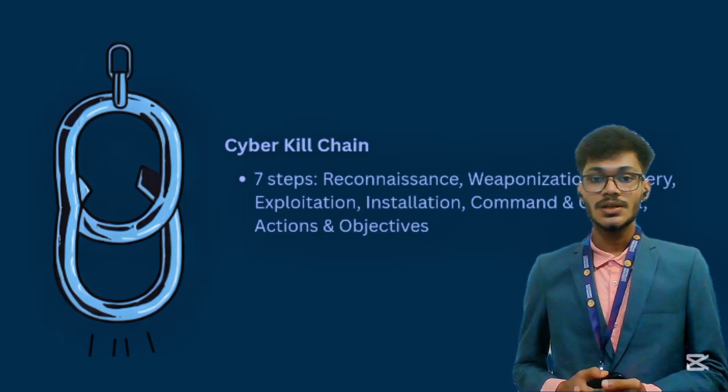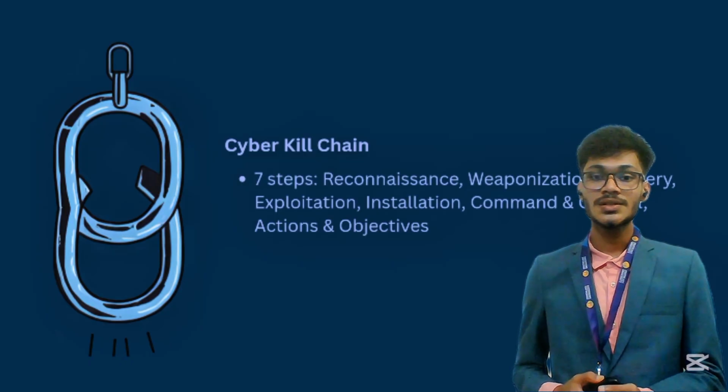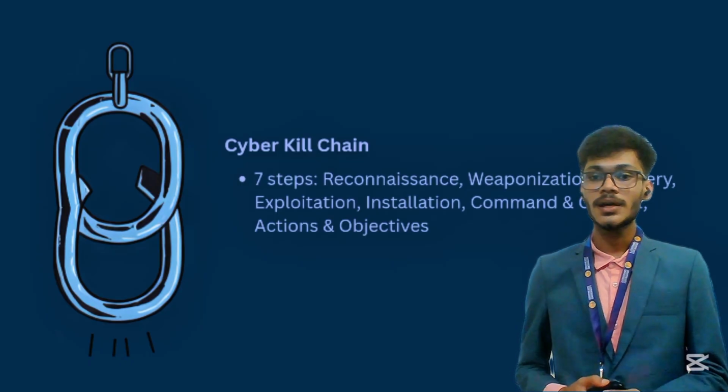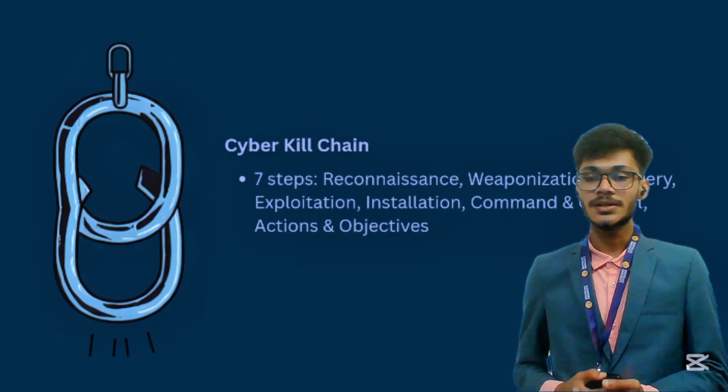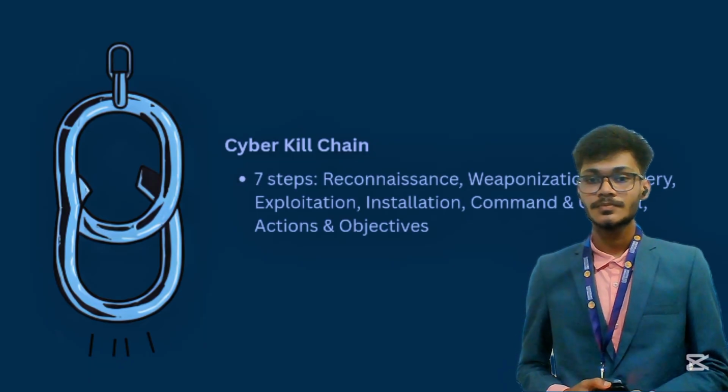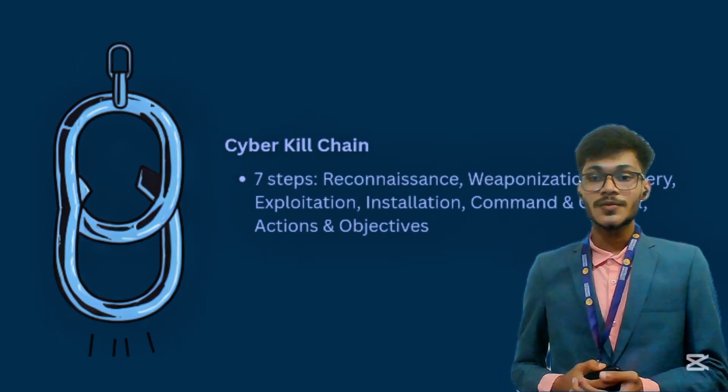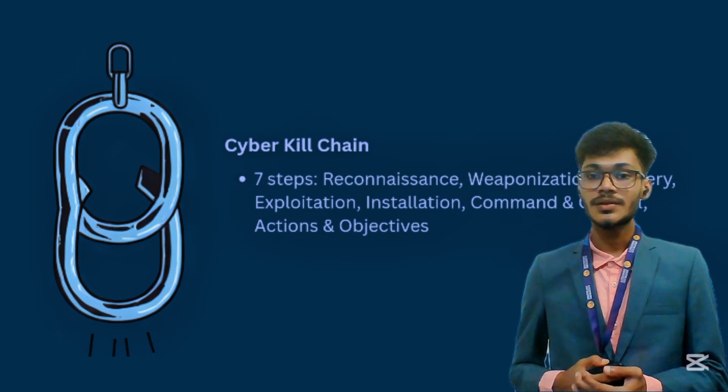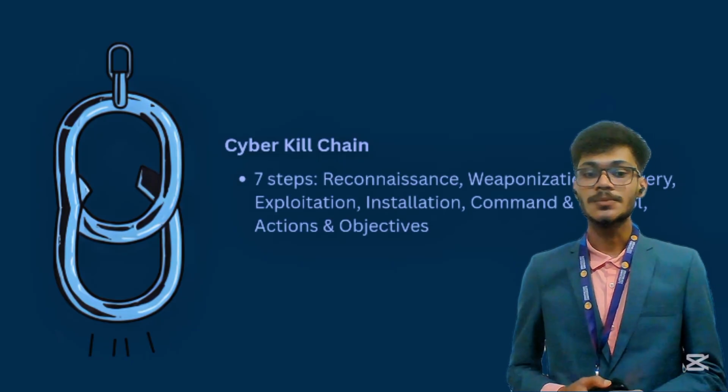For instance, if the delivery phase, often carried out through malicious email, is stopped by an effective spam filter, the attack cannot proceed further. Defense professionals use these models to design layered defenses that disrupt the attack before it reaches crucial systems.